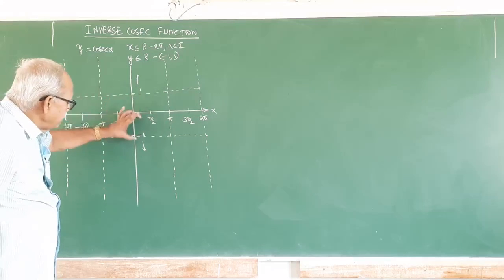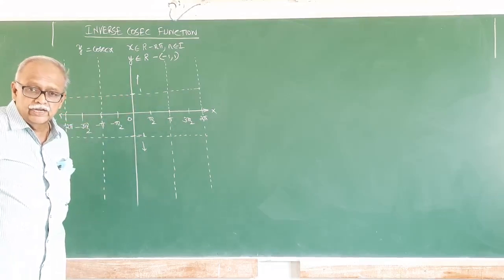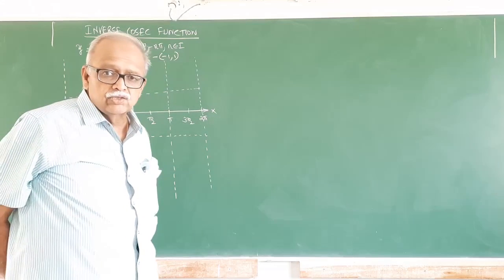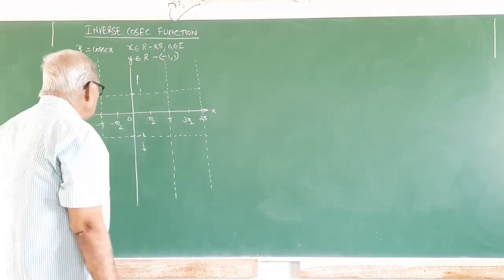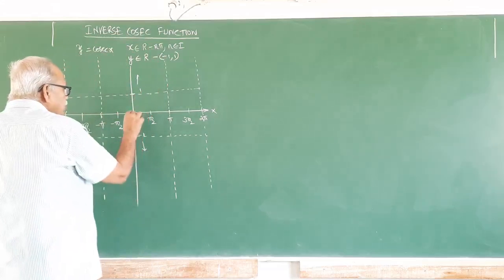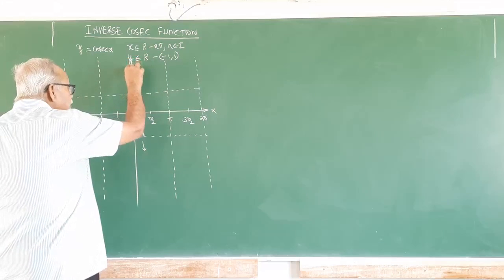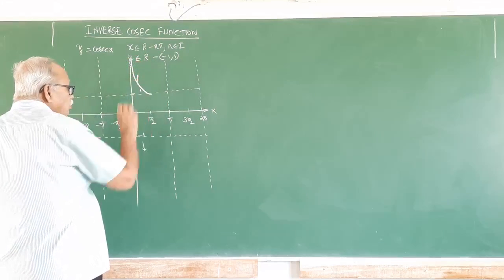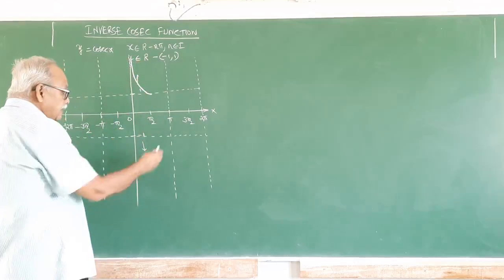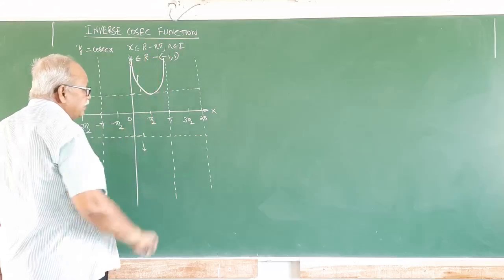So no part of cosecant x exists between minus 1 and 1. How am I going to draw it? Cosecant 0 is infinity, so from infinity it will come to 1. Cosecant pi by 2 is 1. And then when we reach pi, it again goes to infinity.